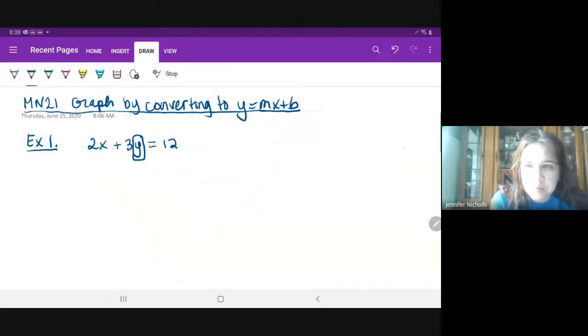Converting. I'm not sure what MN it is. So just glance through your MNs and see which one says converting to y equals mx plus b. It just doesn't say the word graph. Did anybody find it?